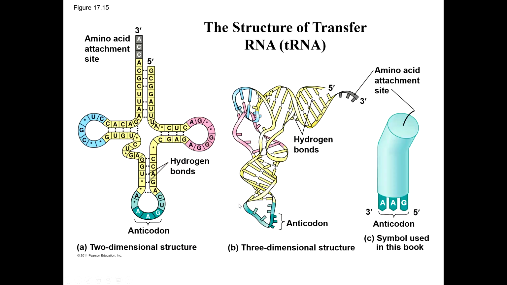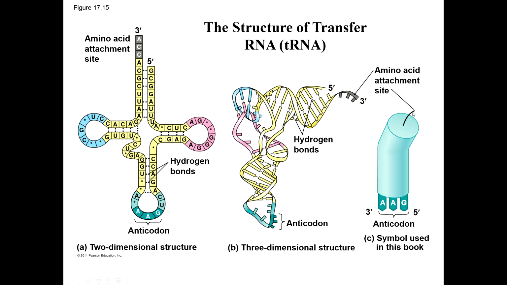So when we look at the details of this, your author gives us 3 ways to look at the structure of transfer RNA. You can look at this 2-dimensional structure, a 3-dimensional structure, or what I like right here, this nice little symbol used in the text. And notice there's 2 important sites here.